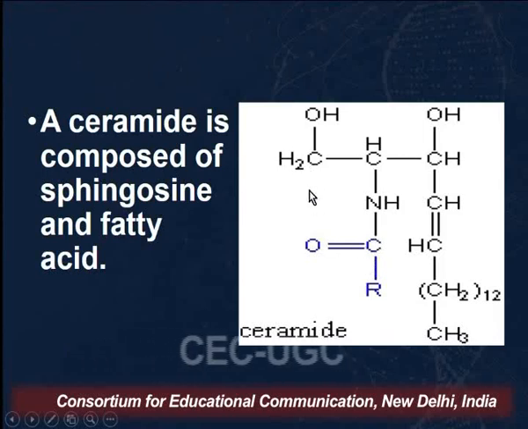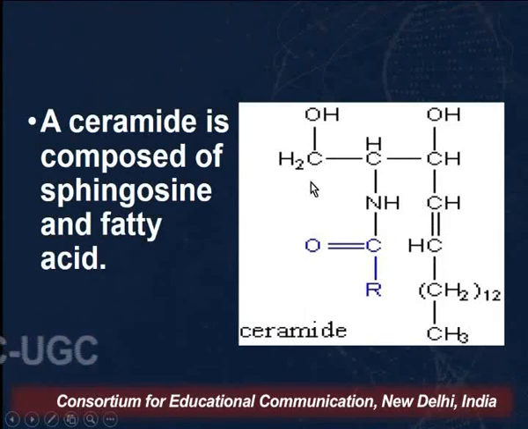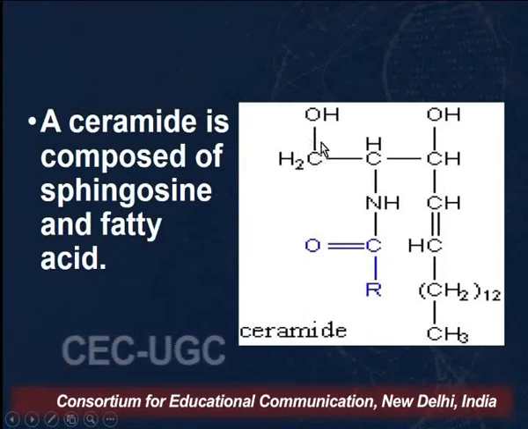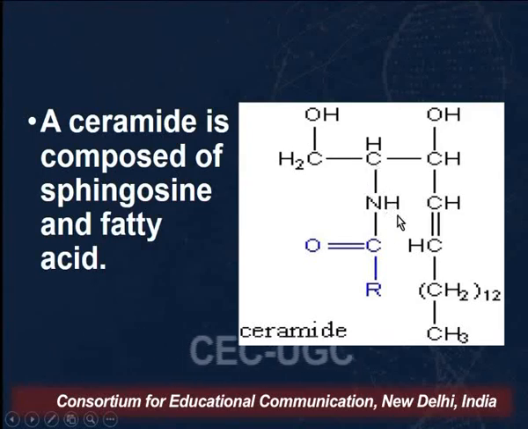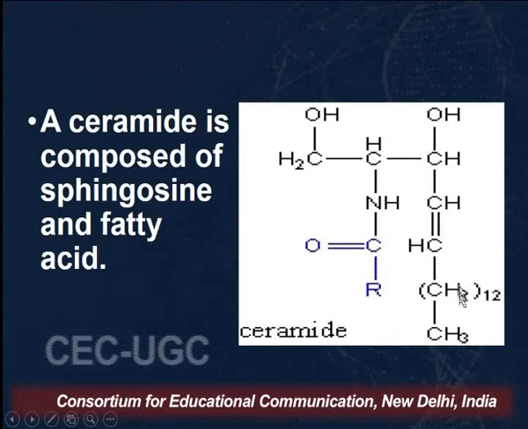So what is ceramide composed of? Ceramide is composed of sphingosine, and you know what sphingosine is? Sphingosine is CH2OH, CHNH2, where instead of an amide linkage we have an NH2 group, and then we have this long chain unsaturated hydrocarbon.